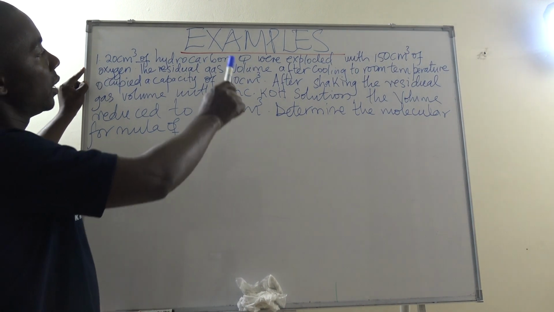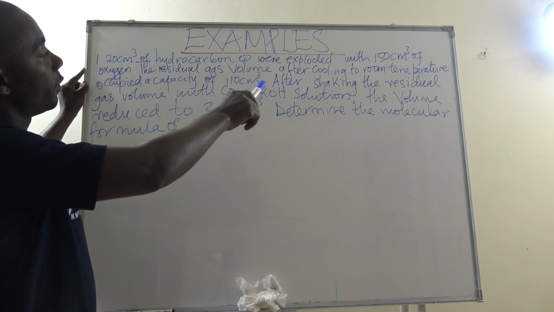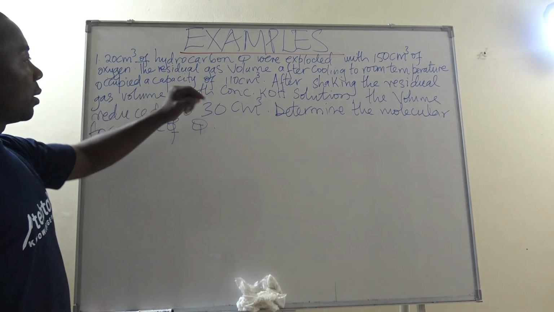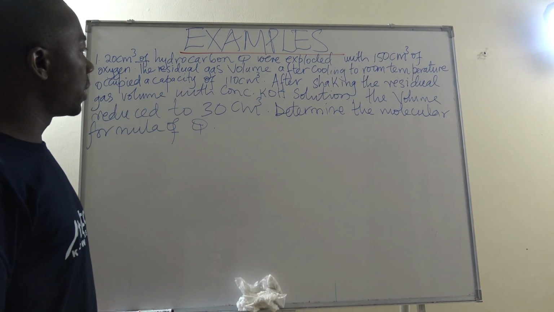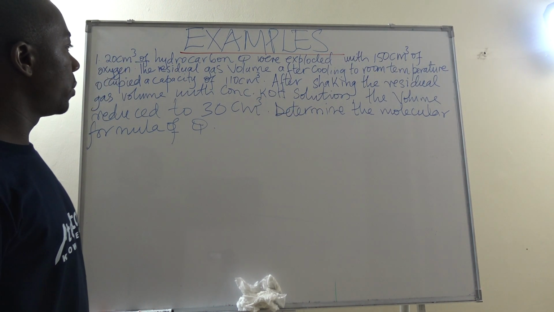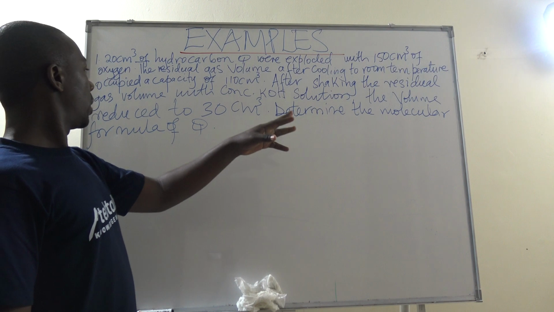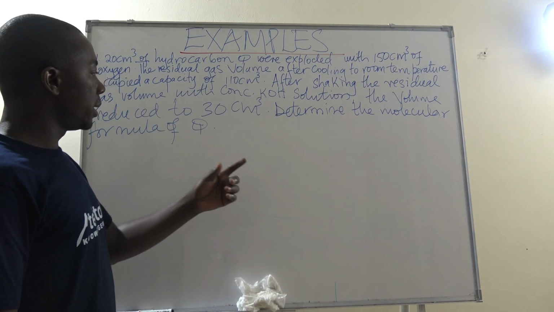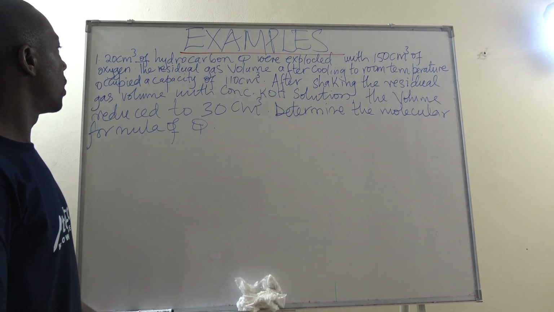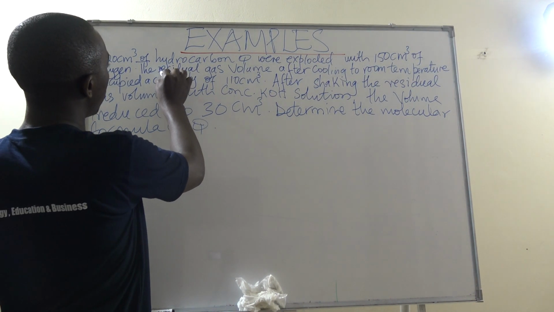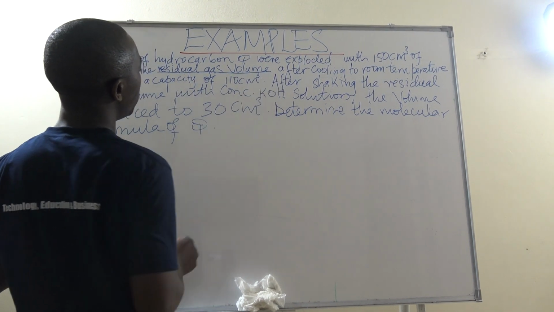oxygen. The residual gas volume after cooling to room temperature occupied a capacity of 110 cubic centimeters. After shaking the residual gas volume with concentrated potassium hydroxide solution, the volume reduced to 30 cubic centimeters. Determine the molecular formula of Q. Now, we have terms here that are familiar from the previous video.